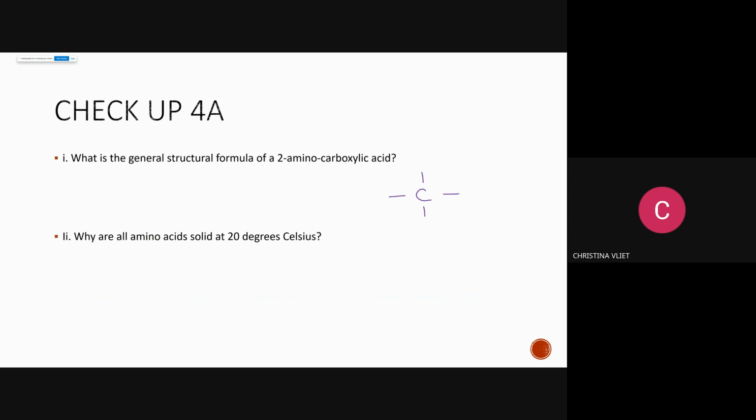What are the 3 things that are always the same in an amino acid? COOH, that's 1. What's the next thing that's always the same? NH2, that's 2. Notice I don't put the hydrogens next to the carbon because I don't want to suggest that the hydrogens are bonding to the carbon in the middle. What goes on top? Hydrogen.